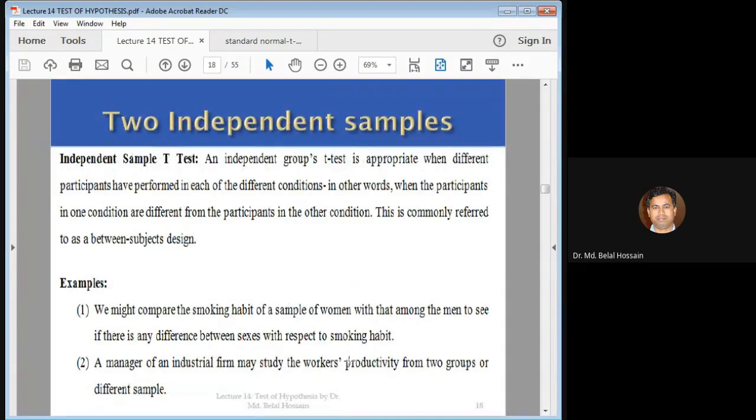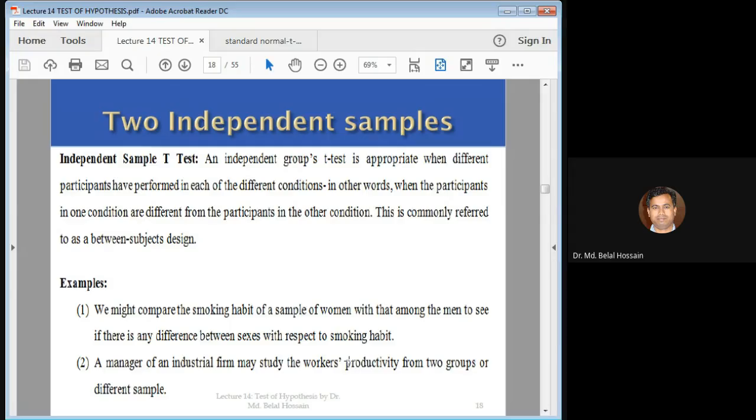Next problem is two independent samples. This time the two samples are not correlated, not dependent, they are independent. How can they be independent? That is, there is no association between the two samples.